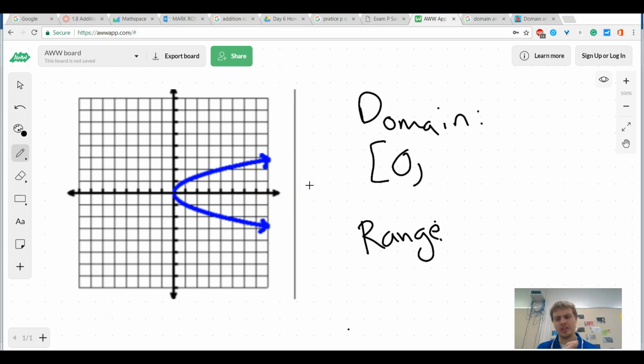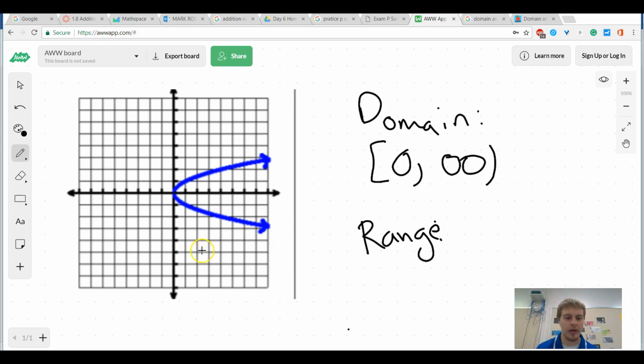And since it never stops, we can't see what point that is out here because whenever you think you have the point, it's actually the next point. And whenever you get to that next point, it's the next point and the next point. So this thing goes off to infinity, which isn't a number, so we're going to use an open bracket. Anytime you use infinity, you're going to use this open bracket.